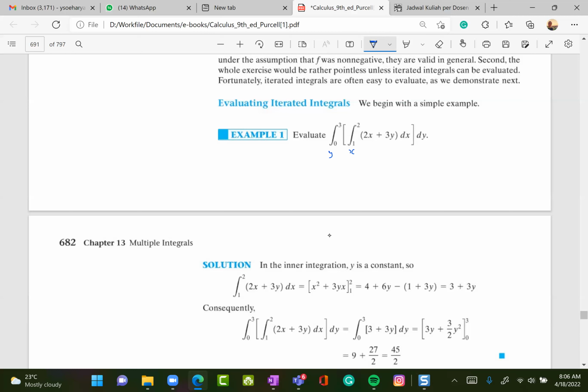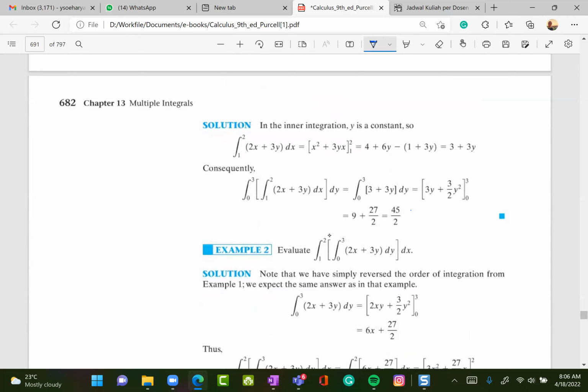So what remains is y. Then you put this 3 plus 3y into the outside integral, from 0 to 3. Okay. And you get this number.